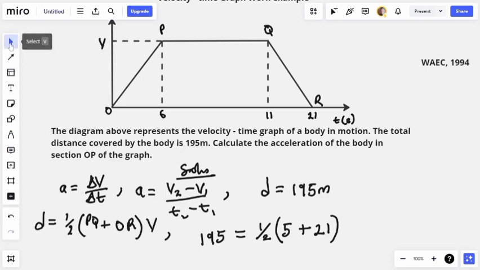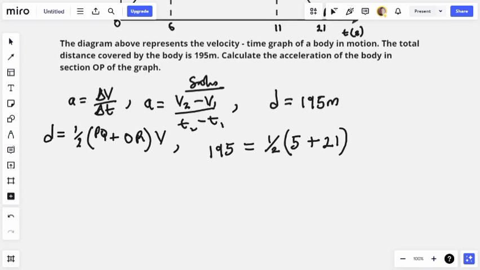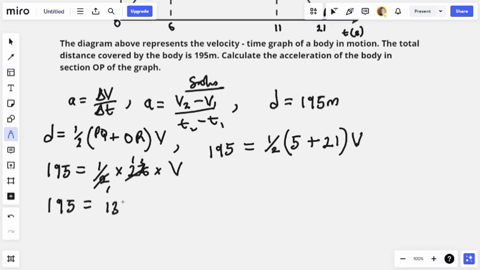So our 195 will be equal to 1 over 2, sorry, we forgot to write our V, times the height, which is V here. 5 plus 21 is 26, times V. So 2 will cancel itself, 1 cancels 26, 13 times. So we have 195 equals 13V.